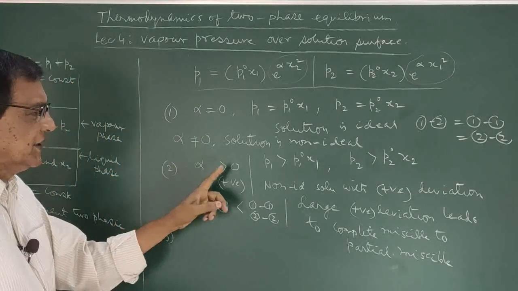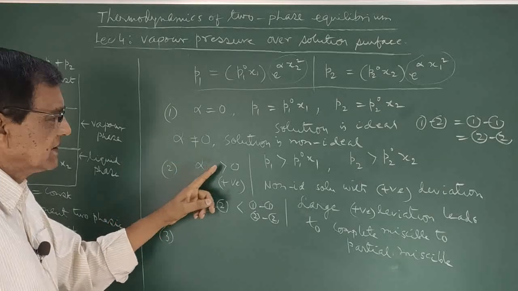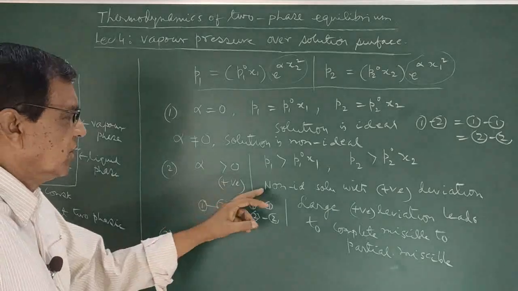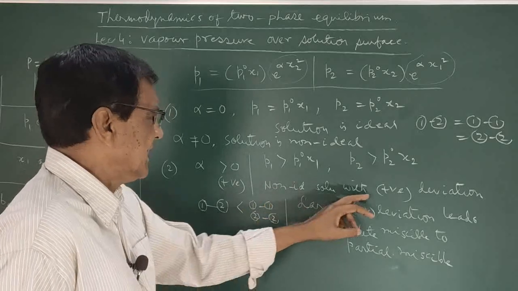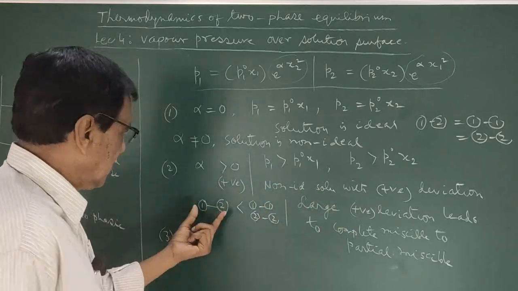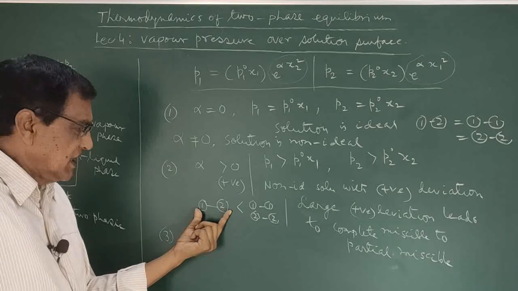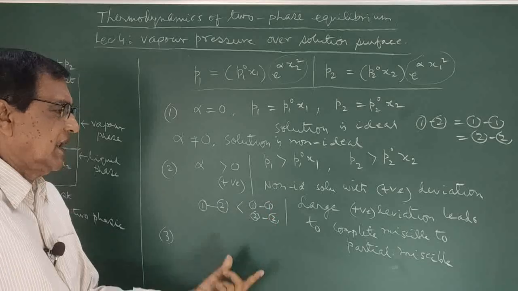When alpha is greater than 0, meaning alpha is positive, it is called a non-ideal solution with positive deviation. In this case, the cohesive forces between the unlike molecules are less than between like molecules.